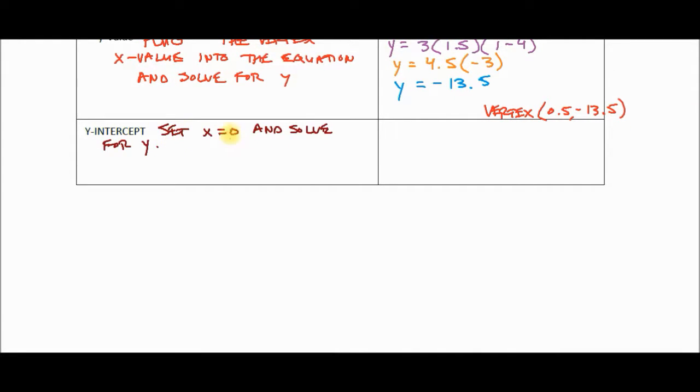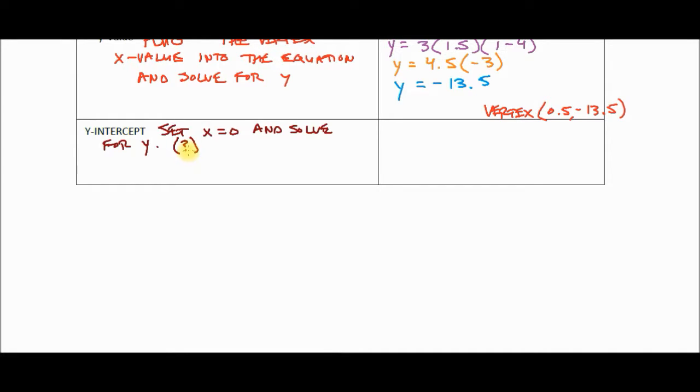What I want you to do, class, is I want you to write in this box. I'm not going to write it. I want you to write in this box in parentheses. Okay, I'm going to put parentheses and a question mark here. Just see if you're paying attention to the video. In the parentheses here, I want you to write these words: because the y-intercept will always have an x value of 0.